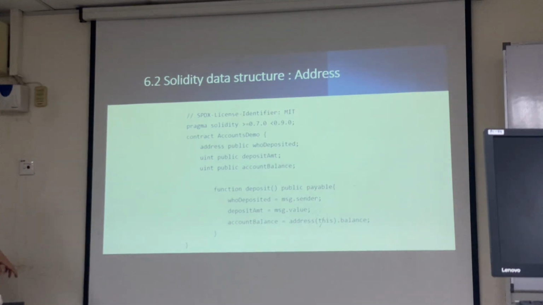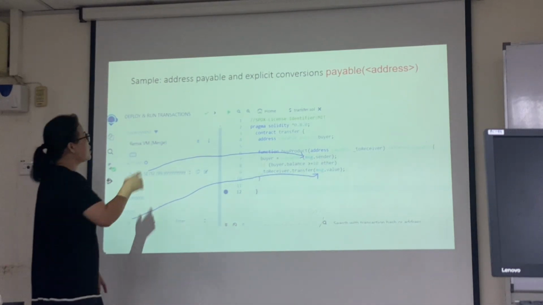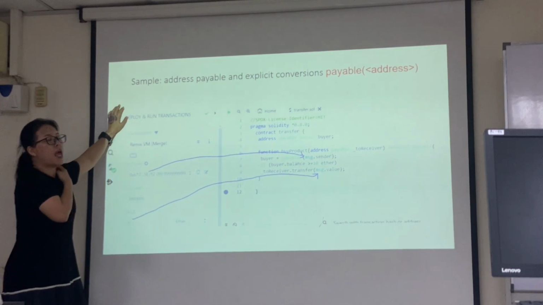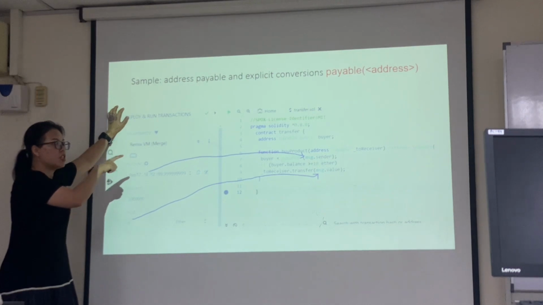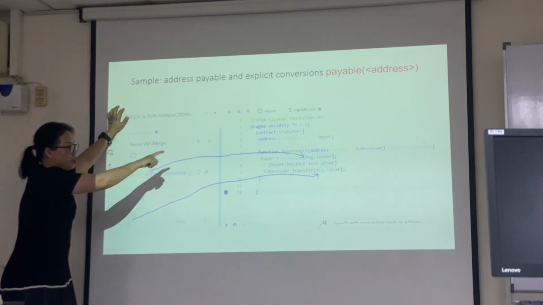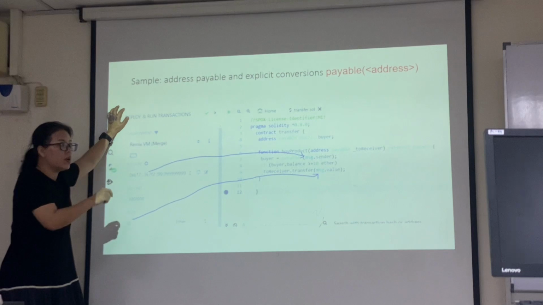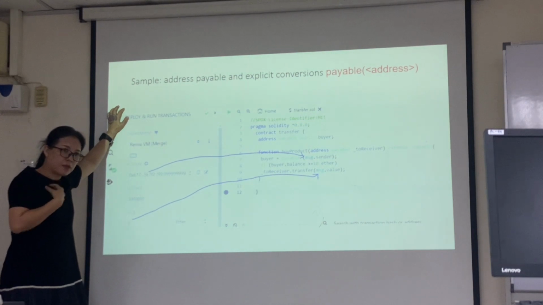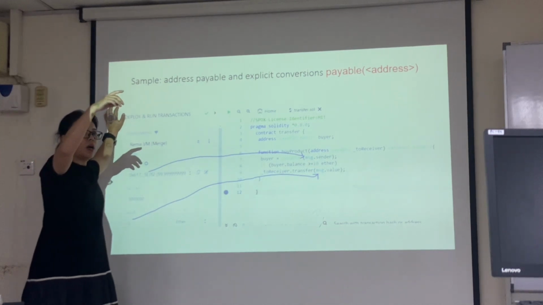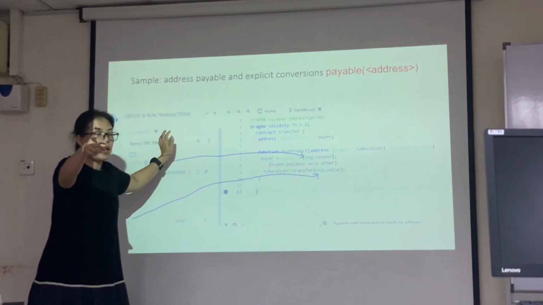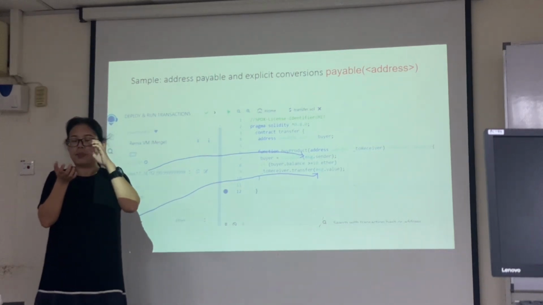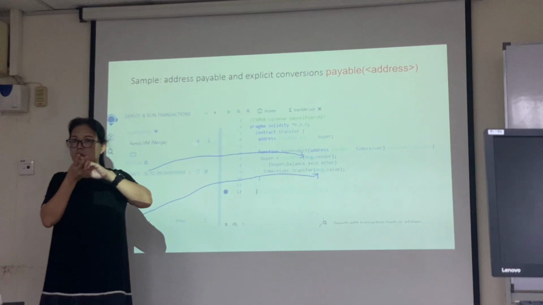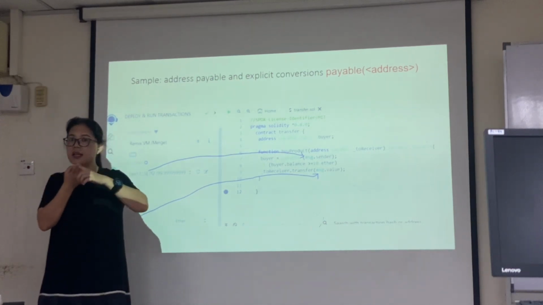have inside the contract. Now, next one over here is address payable and explicit conversion for address payable. This part I wanted to show you is that we wanted to transfer money from my account to you. In this case, because here got two addresses, one is the sender address.